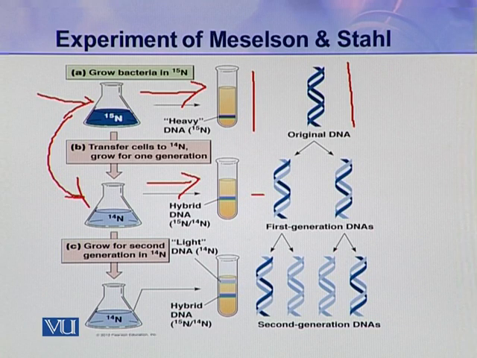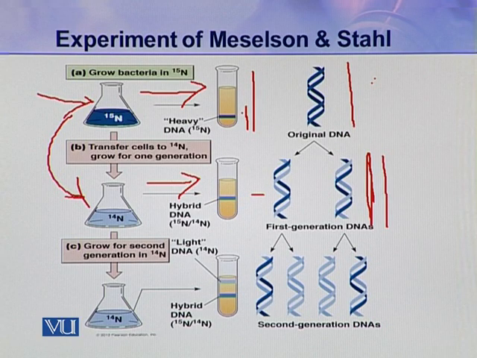In the above tube, the DNA is here, but in the second experiment the DNA is a little above the previous one. It means that in this cycle of replication, new DNA strands have been synthesized, and the new strands, which you can see in the lighter blue color, are made up of N14, normal nitrogen. So this DNA becomes slightly lighter in density than the parental one.